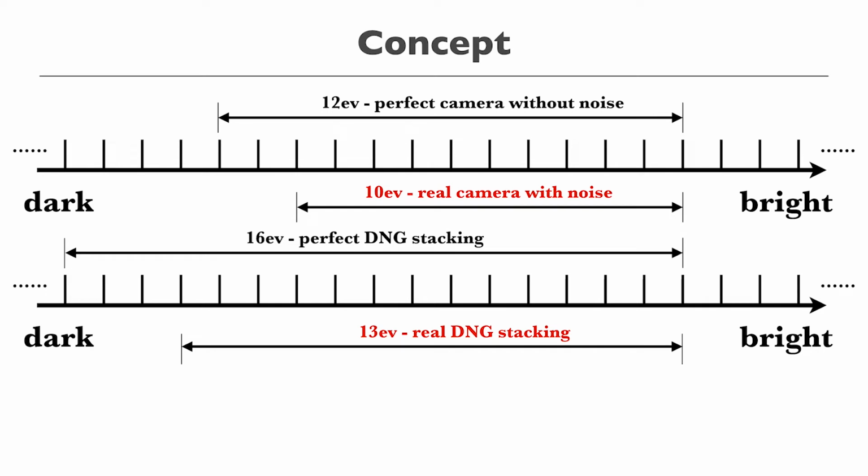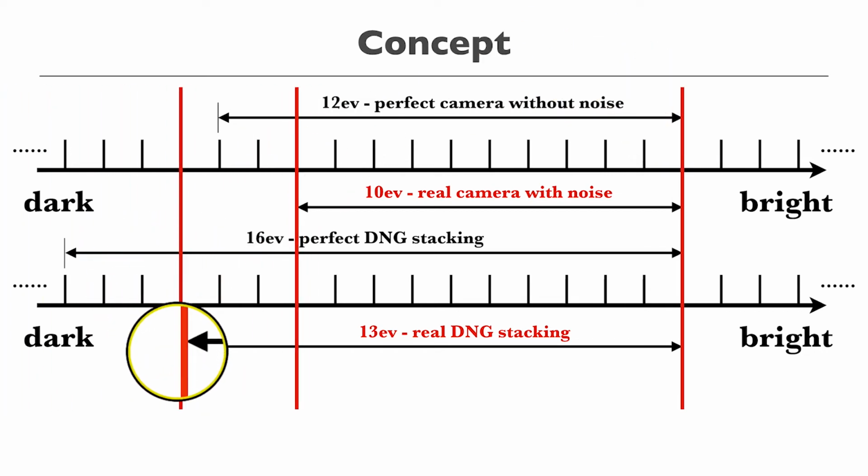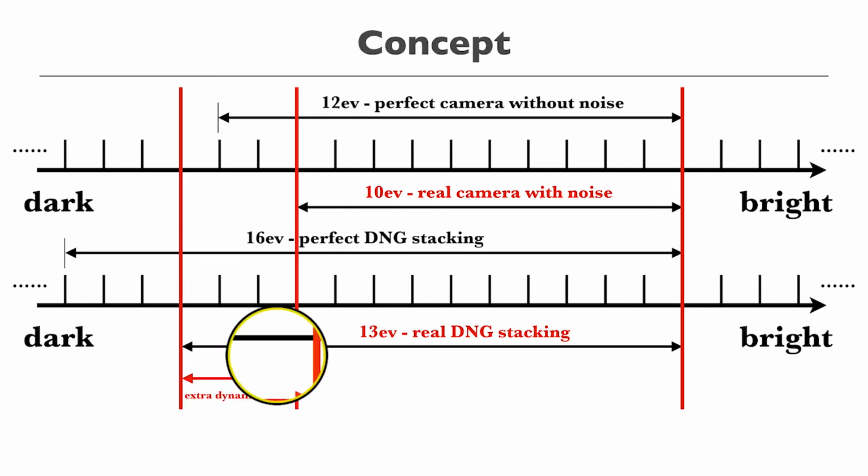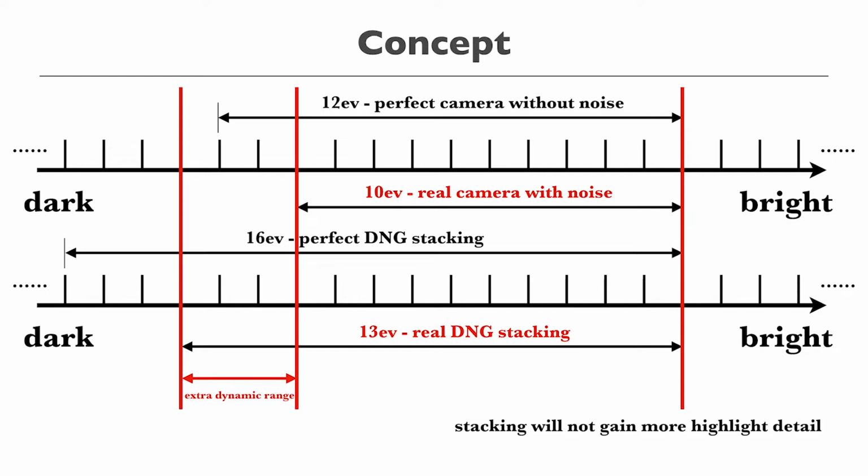So by shooting burst, the highlight limit doesn't change, but the dynamic range in the dark shadow extends by maybe 3 EV. I've never made an experiment, but I'm pretty confident about the result. You will have extra dynamic range in the dark shadow areas, and the stacking will not gain more highlight detail because they are overexposed.